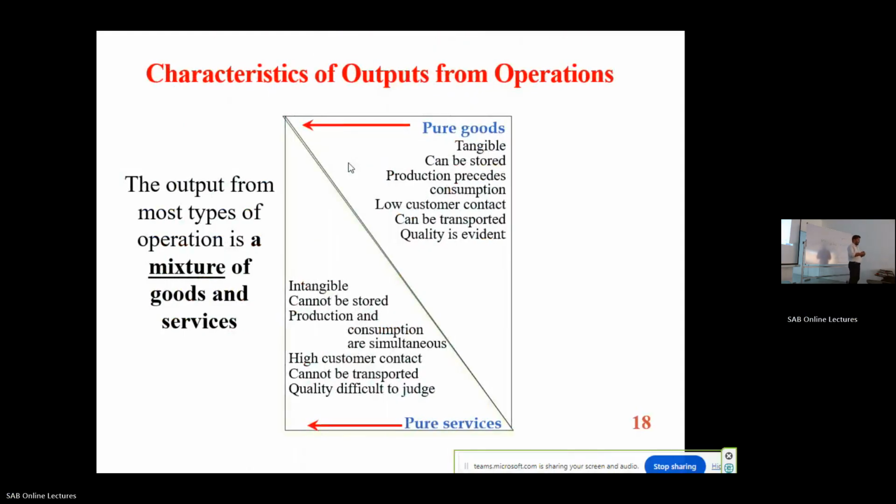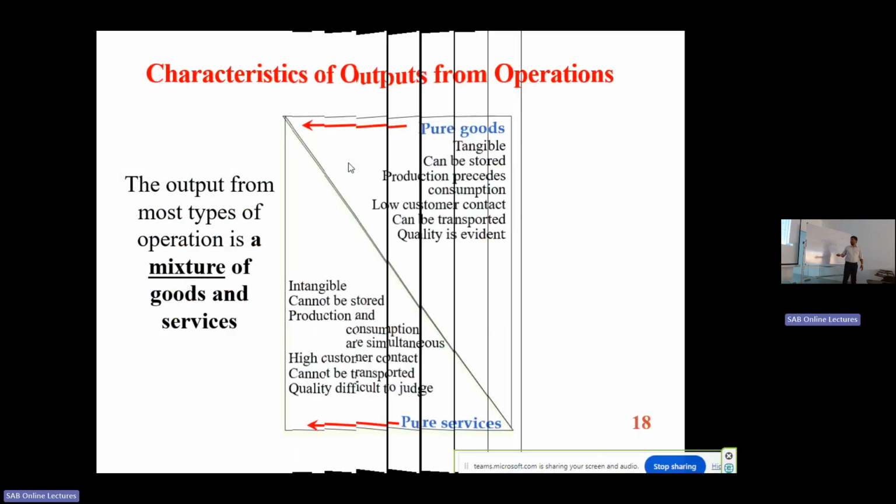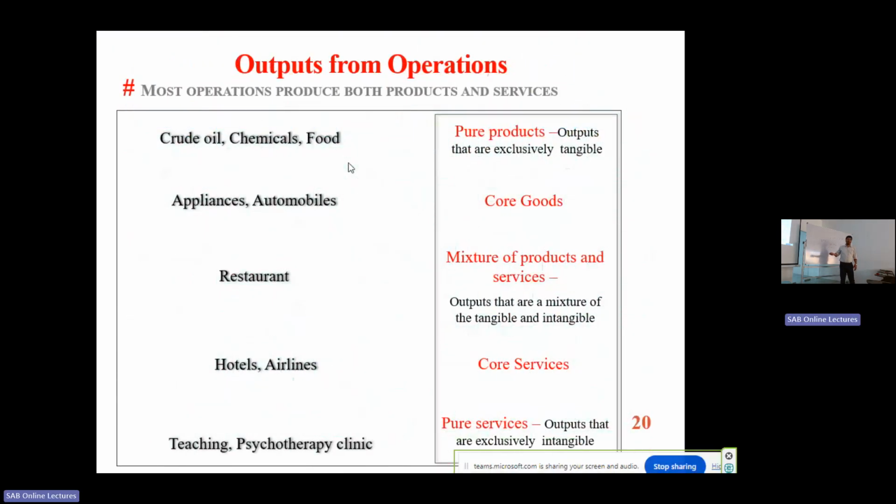However, in the current market, rarely do we see pure services or pure products. Instead, as you see here, we have different outputs that could be somewhere in between. Pure products are there like crude oil, chemicals, food, no service at all.